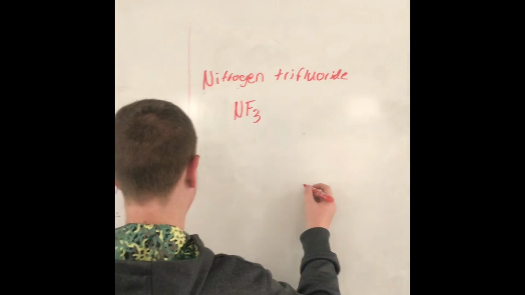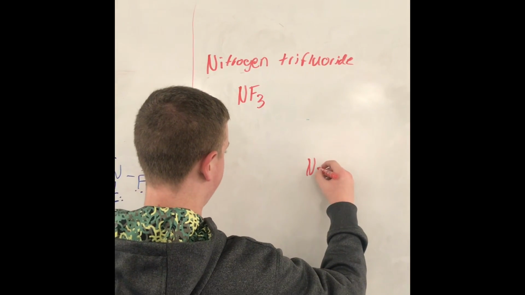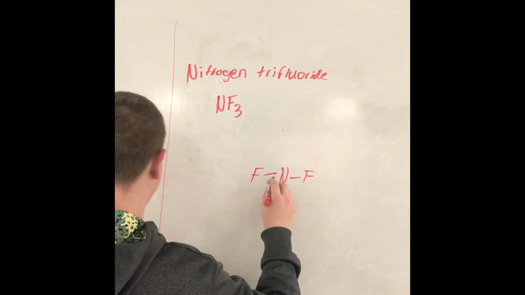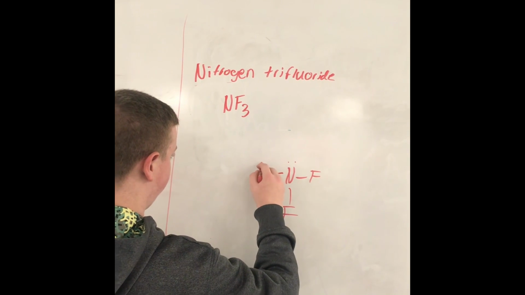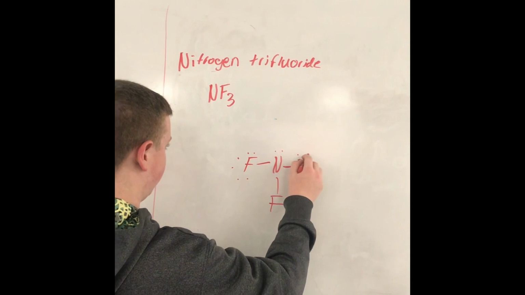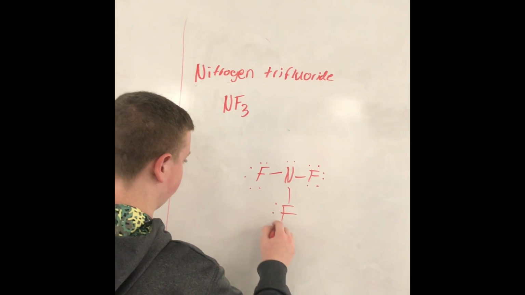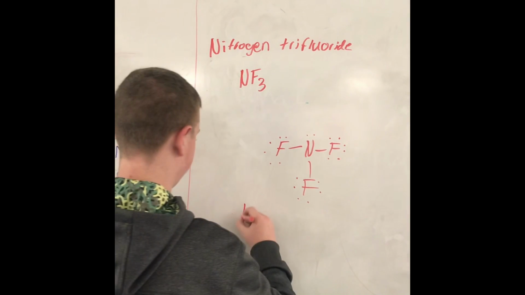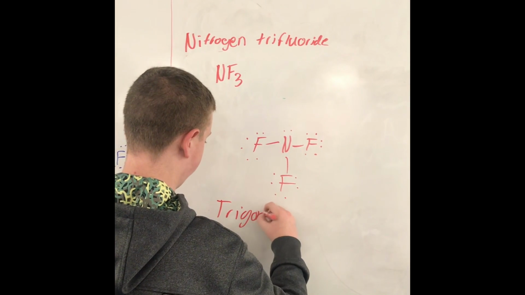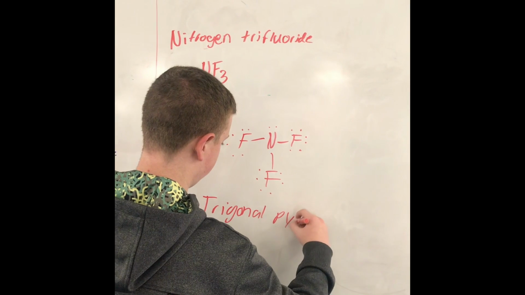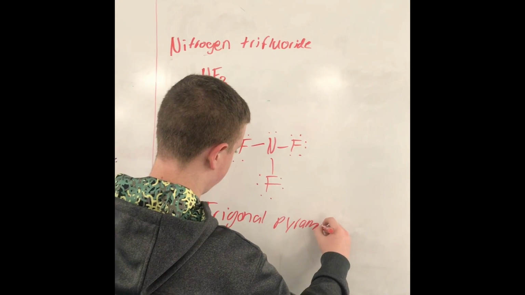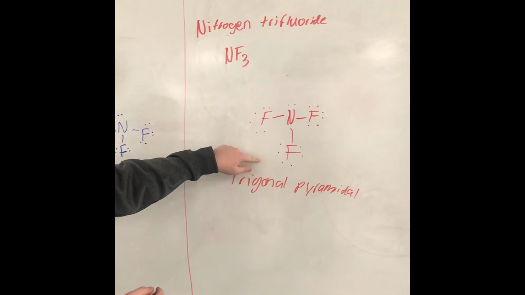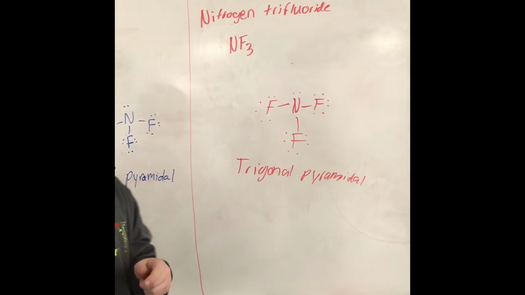Then to draw the structure, you would have an N, F, F again, and then F, and then you would have 1 lone pair there, and then 3 on every side of fluorine, which would be like that, and it would be trigonal pyramidal, because it has 3 sets of lone pairs on each side of fluorine.